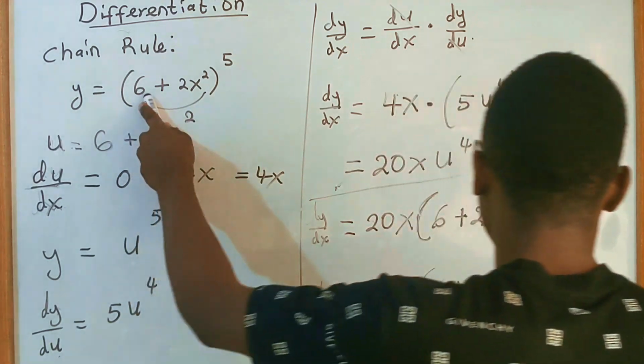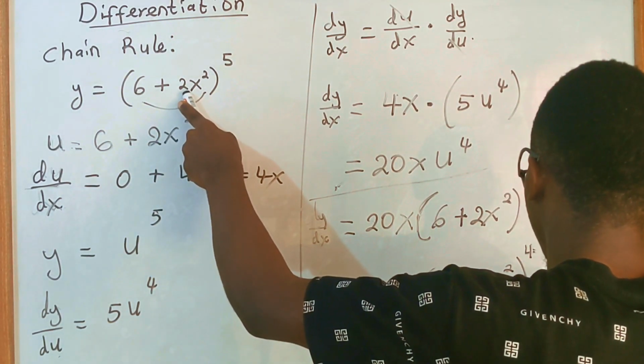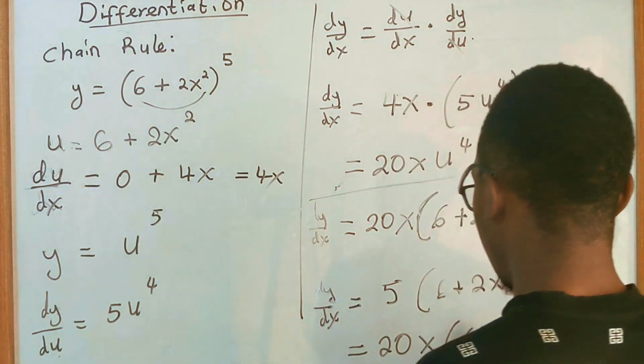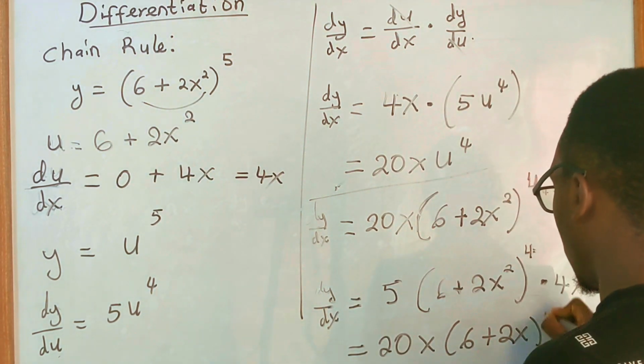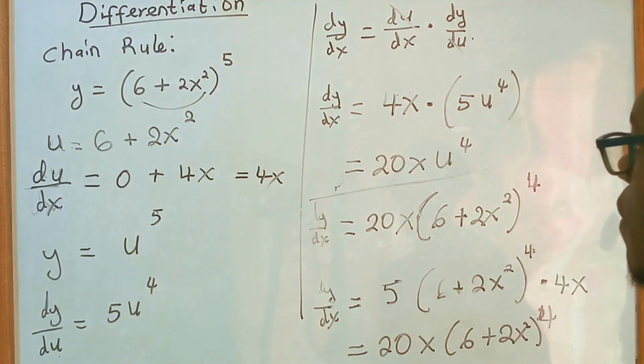The derivative of this is 2 times 2, that will be 4x. We're going to have 20x times (6 plus 2x squared) all to the power 4. That is what you're going to have.